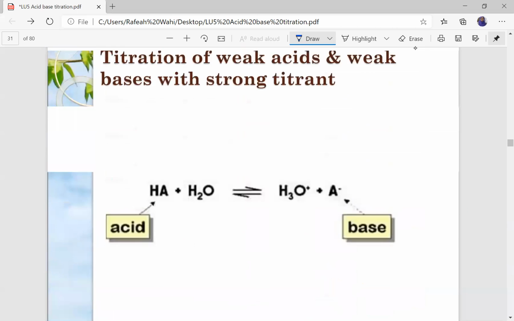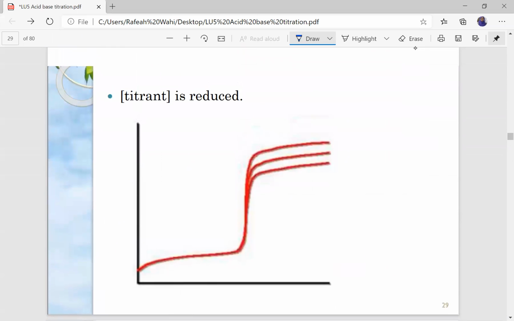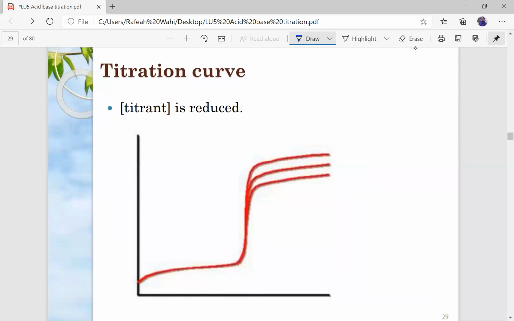So what happens when the concentration of titrant is reduced? When the concentration of titrant is reduced, we also have a less distinct pH jump. So let's say you have curve A, curve B, and curve C. Which one do you think has more concentration of titrant?